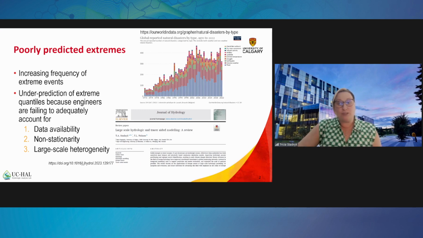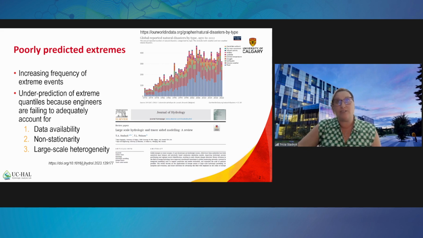And a few key problems and barriers to the uptake of some new modeling advances exist. One that I'd like to discuss is shown here, which is the data availability issue, and we'll talk about it on the next slide as well. Non-stationarity, which is that the records simply don't capture the trends, and the trend analysis tools that we have are extending beyond the stationarity issue, which means they're no longer applicable to us.